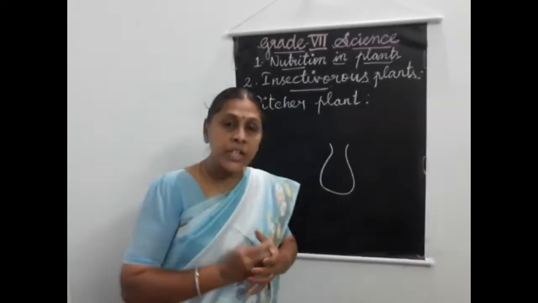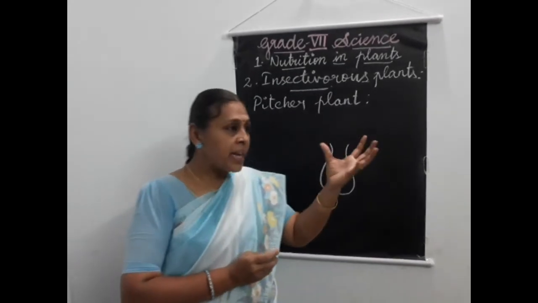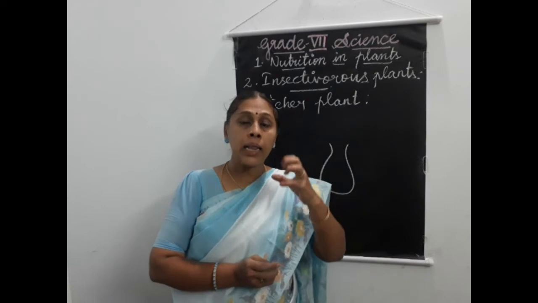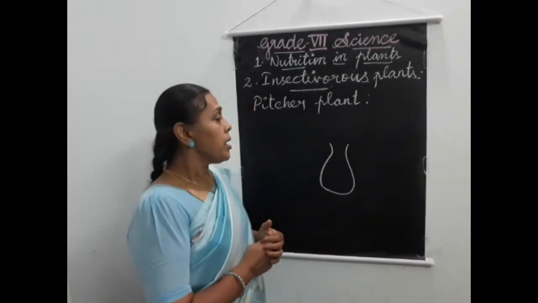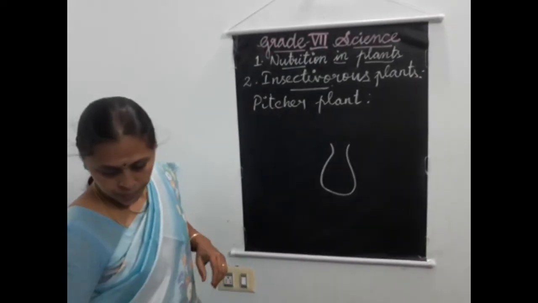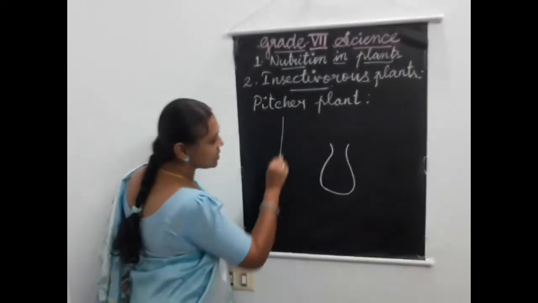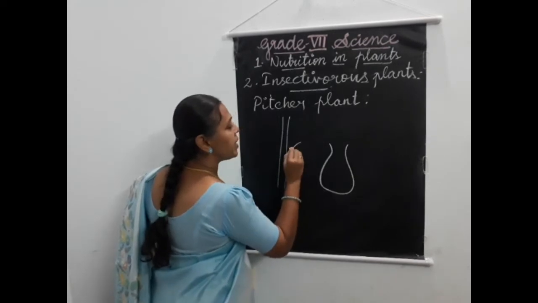So in insectivorous plants, the plants trap the insects and they kill them. How? The tip of the leaf. Now, if this is the stem, from this the leaf will arise.